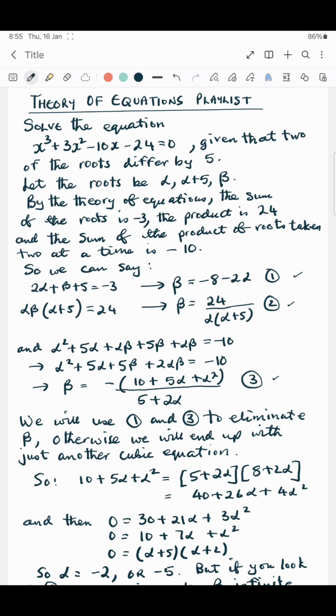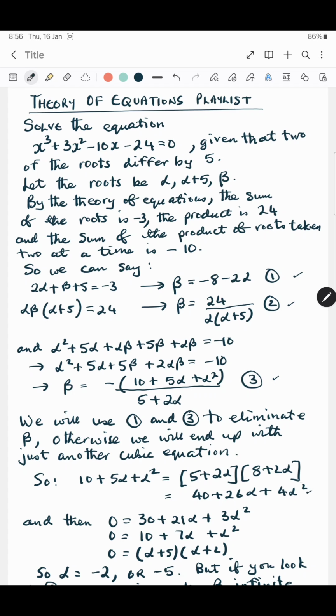So just using 1 and 3, we quite easily get 10 plus 5 alpha plus alpha squared equals 5 plus 2 alpha multiplied by 8 plus 2 alpha, which comes to 40 plus 26 alpha plus 4 alpha squared.